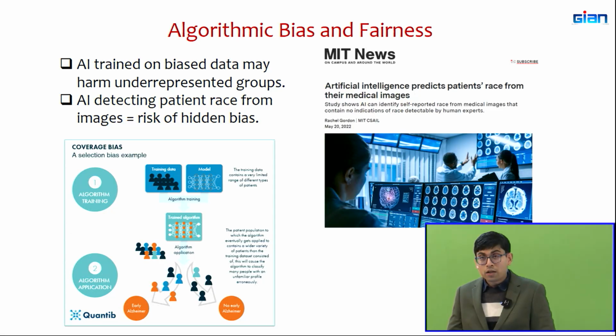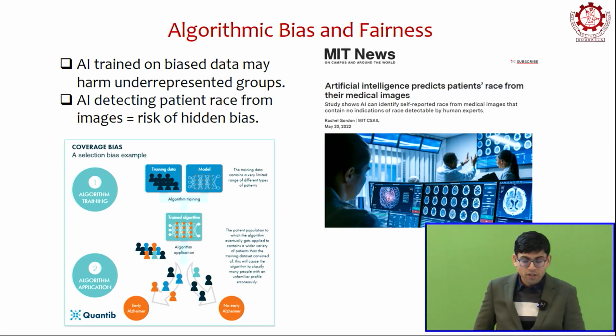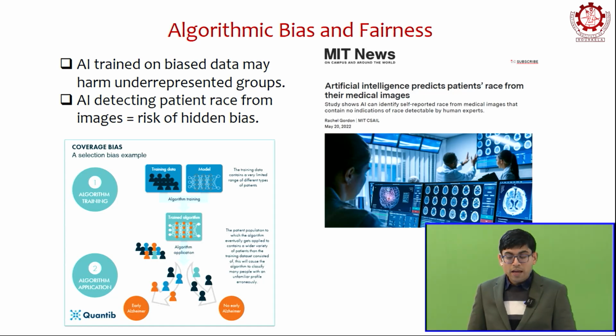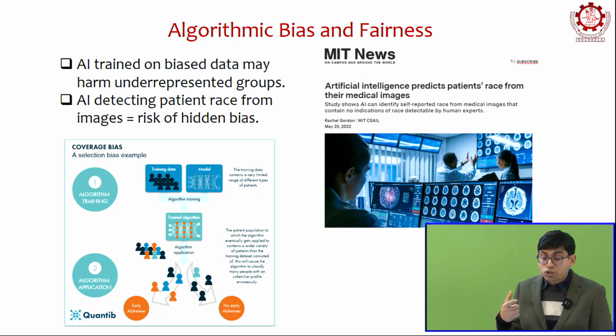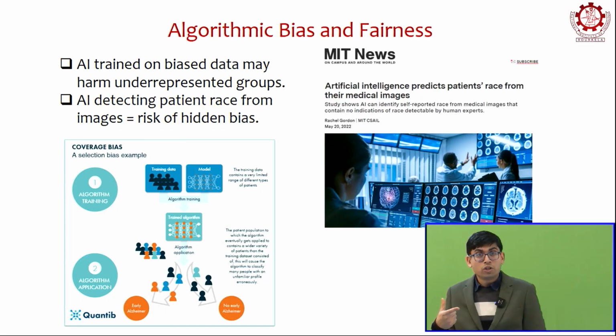Now, there are a couple of interesting studies, and this ties to the GradCam idea. There was a paper published where they detected patient race just from these images, right? And this is interesting. The race was de-identified. There was no information on race in the data used for model training, but they were able to actually identify what the race of the patient was.